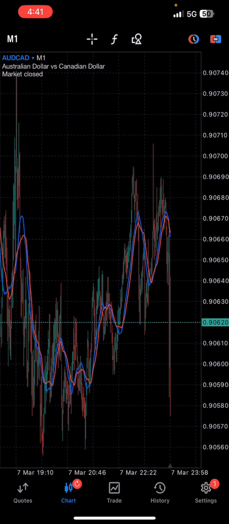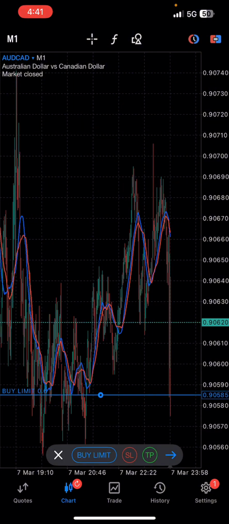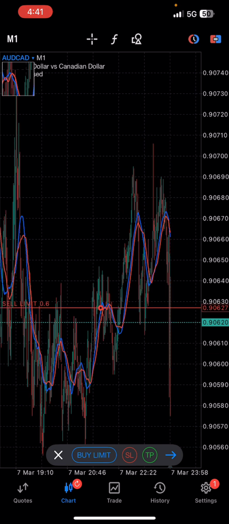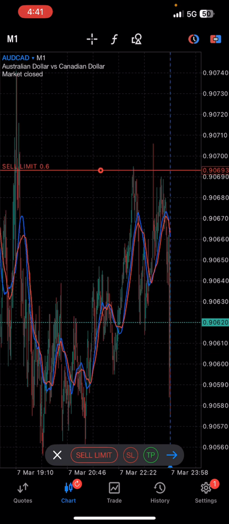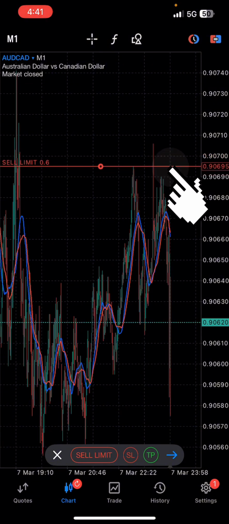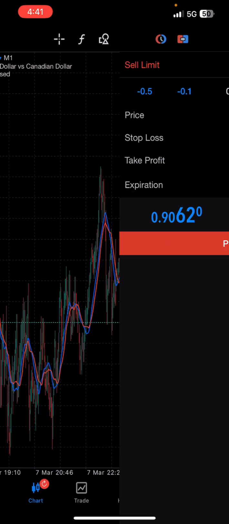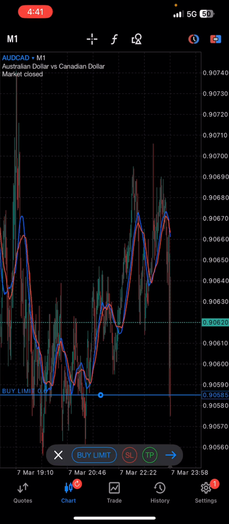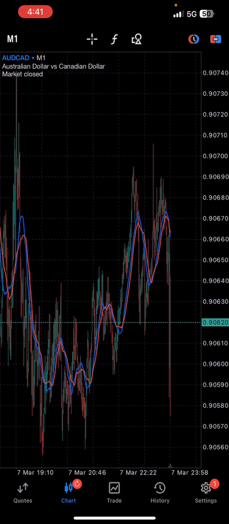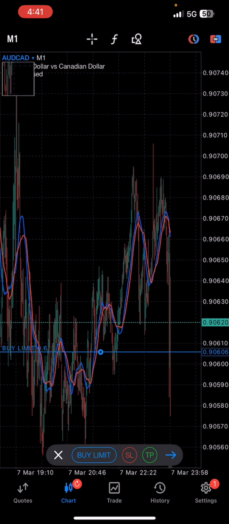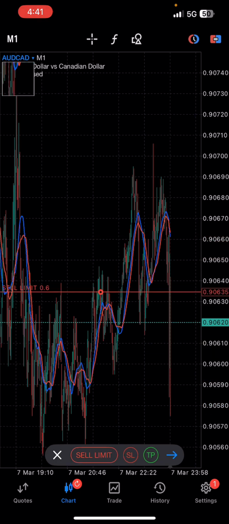So just know that limits are just what you can set to hope that the market comes down, taps you in before going up. Sell limit is the opposite. You're hoping that the market goes up, right? Taps you in at this point, then your SL will be above, and then your take profit will be below. I hope you understand, but if you don't, I'm going to share a video later that explains the difference between buy limit, sell limit, and buy stop and sell stop.